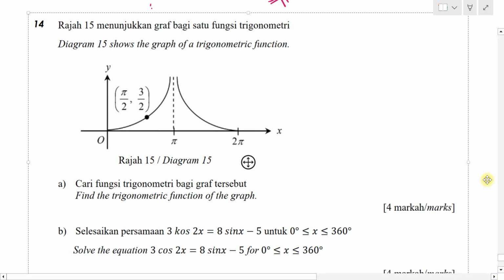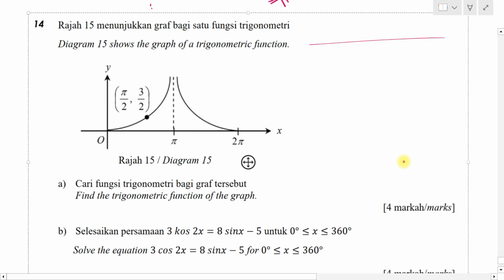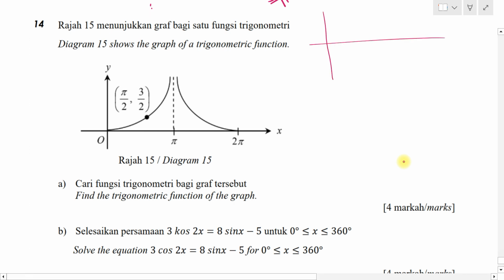Okay, definitely a tangent graph. So we know it is a tangent graph, and normally for a tangent graph, what is the basic shape? Let's look at the basics. This line I put very light because this is actually not the dotted line.